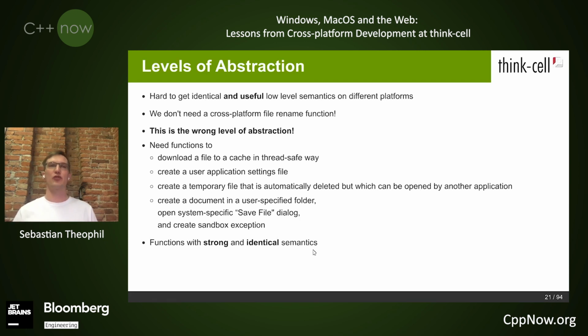We might need a function to create a temporary file that will be automatically deleted for us, but which can be opened by another application in the meantime. Or we might need a function to create a document in a user-specified folder, which would mean opening the system-specific save file dialog, and on macOS, for example, creating a sandbox exception. So we need functions that have very strong semantics, and then we can implement those semantics identically, semantically equivalent on different operating systems, but often in very different ways.